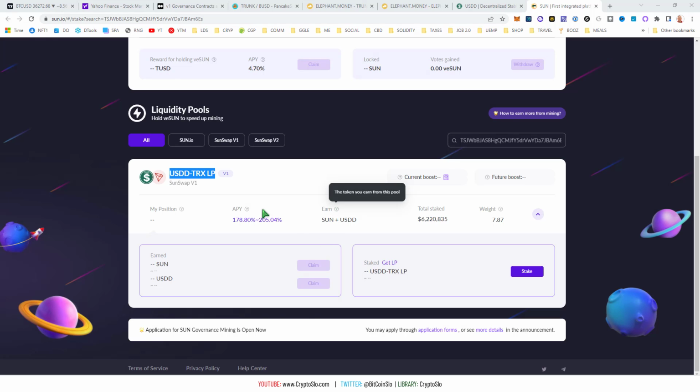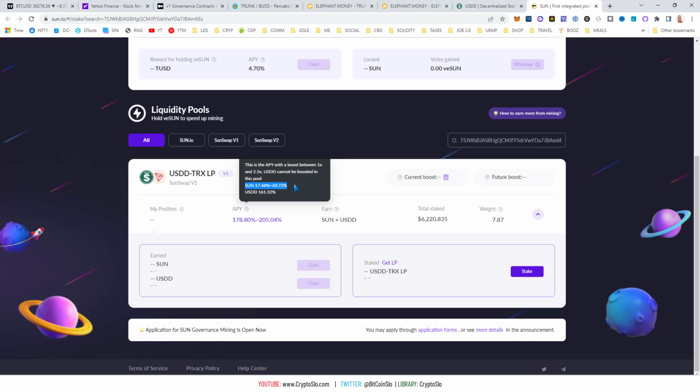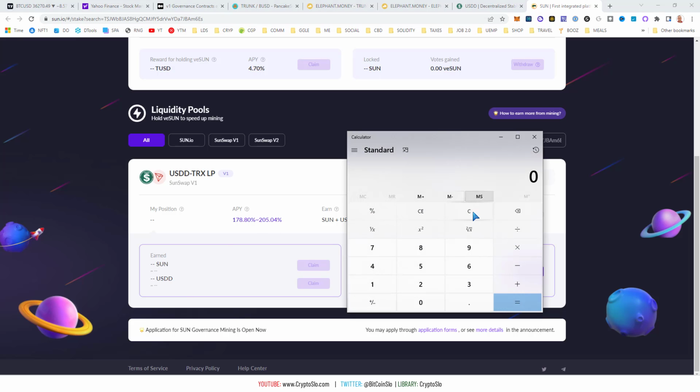Now the breakout on that is you earn USDD and then you earn a little Sun. So Sun, not gonna put the farm in that. I imagine a lot of that will be sold off as yield, and then people will just continue to stack their USDD. But what if you put 10 grand into this? What is the yield?